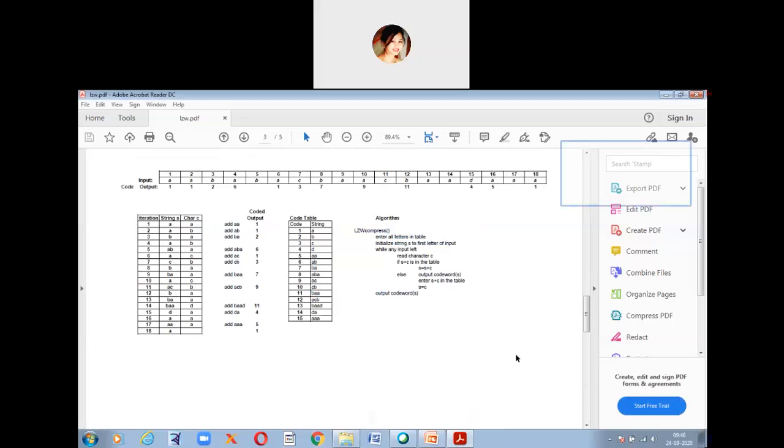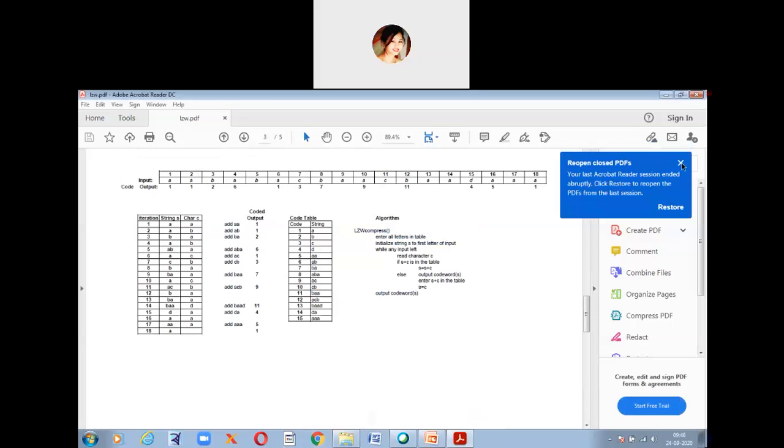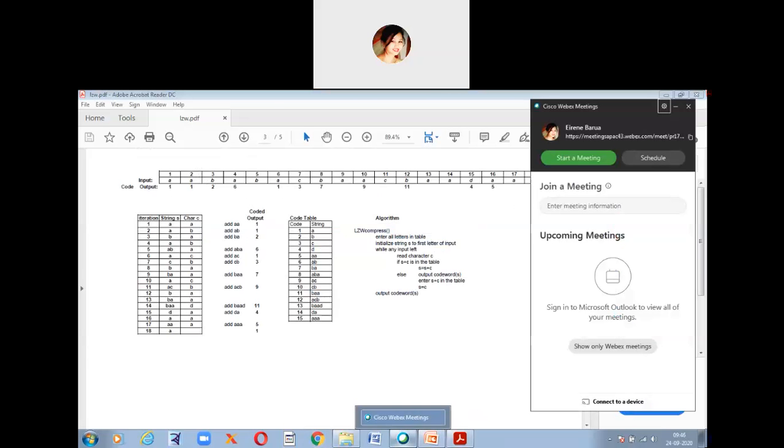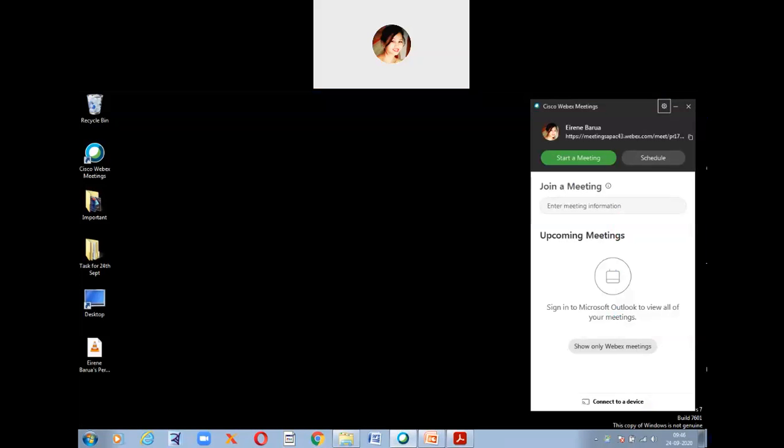Suppose this input and output is given, so you'll be given the input as well as the output. You have to show the coded output. Take this example down once.